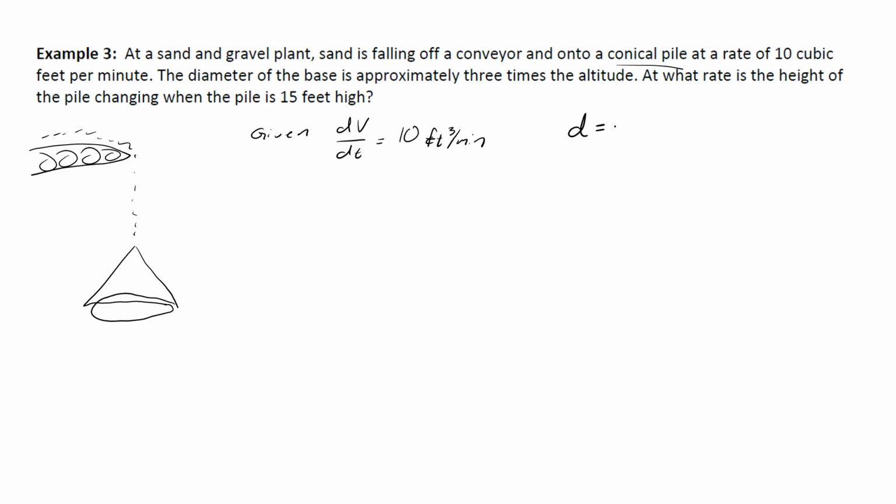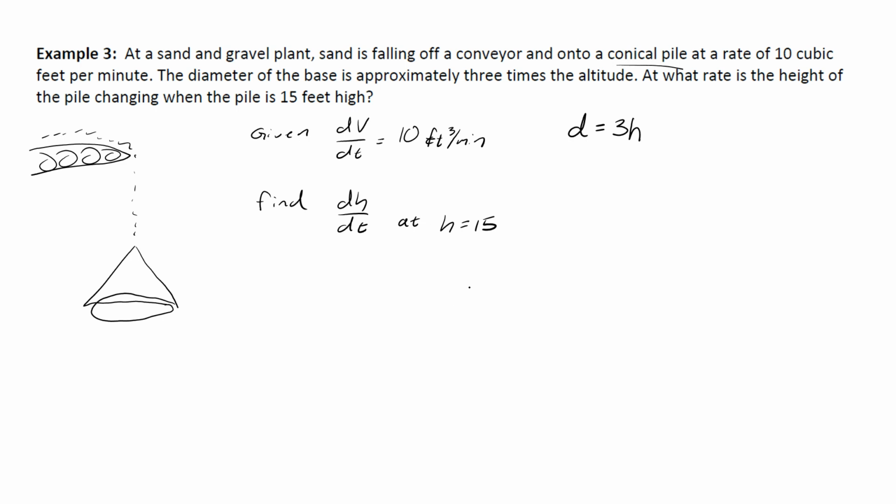So let's write that down. Diameter is equal to 3, and then the altitude is really just the height. And it says at what rate is the height of the pile changing, so that means we're trying to find dh/dt when h is equal to 15. So at h equals 15.